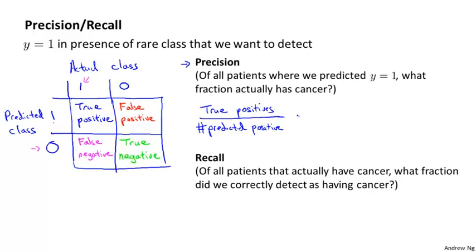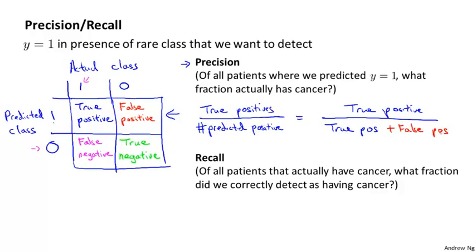So that's called precision. Another way to write this would be true positives, and then in the denominator is the number of predicted positives, and so that will be the sum of the entries in this first row of the table. So it'd be true positives divided by true positives, I'm going to abbreviate positive as POS, plus false positives.